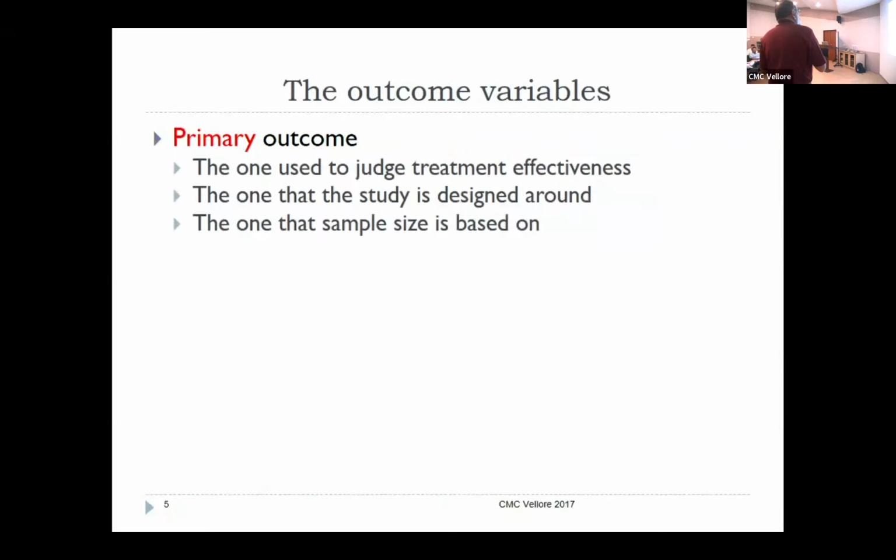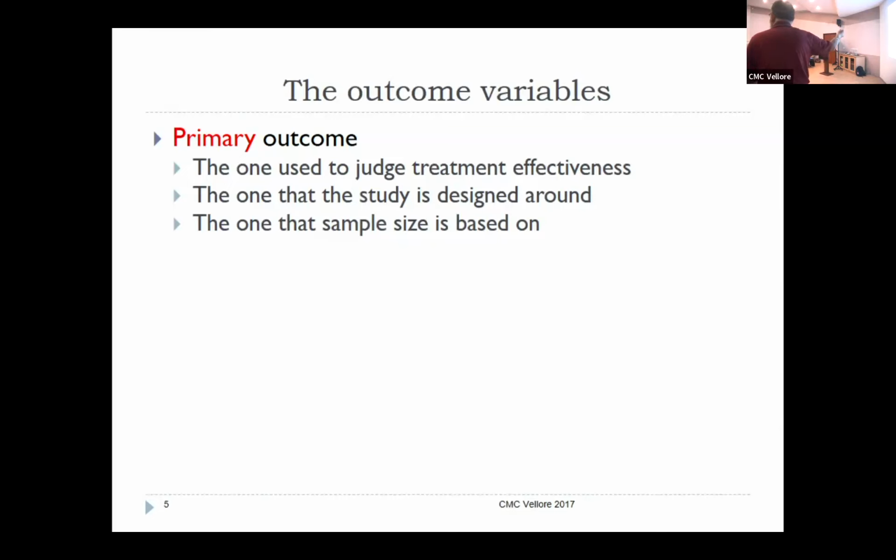So the primary outcome is this one outcome that you think is important, that you think is meaningful to the medical community or to the patient or to whoever, regulatory agency, that is the one you're going to use to test the claim that this is better than that, or this is not superior to that.